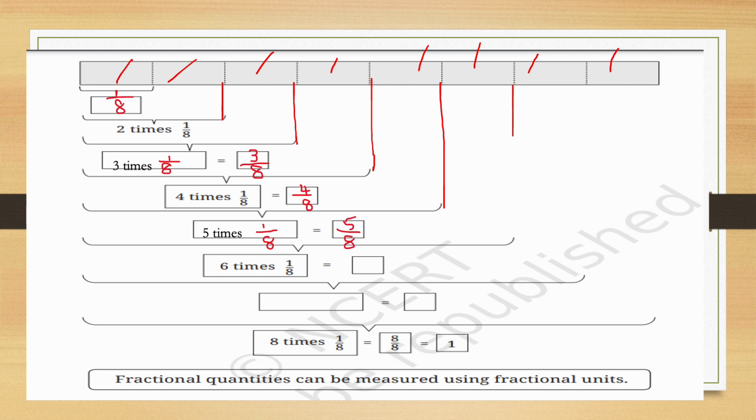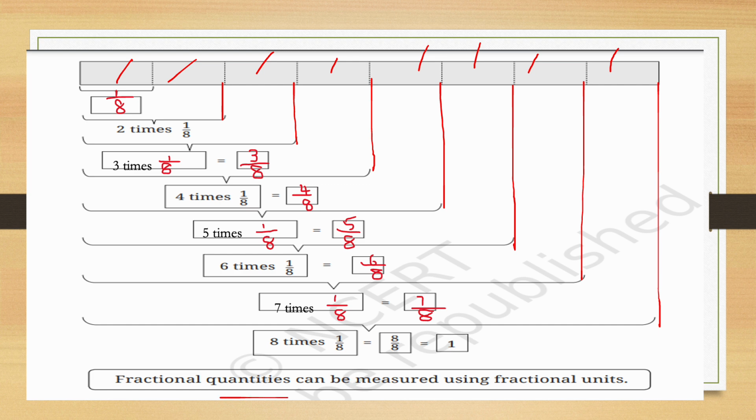If you take 6 parts, it is 6 by 8. If you take 7 parts, it is 7 by 8. And if you take 8 parts, it is 8 times 1 by 8, that is 8 by 8, which is equal to 1. So, fractional quantities can be measured using fractional units.